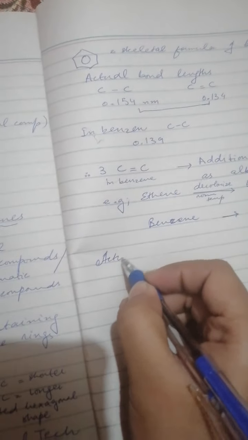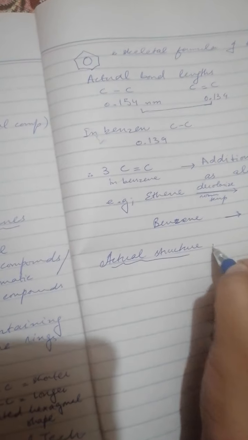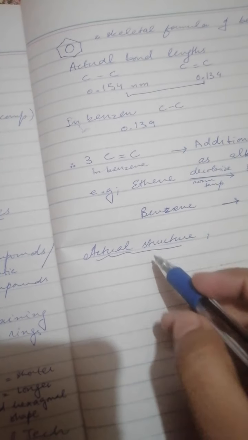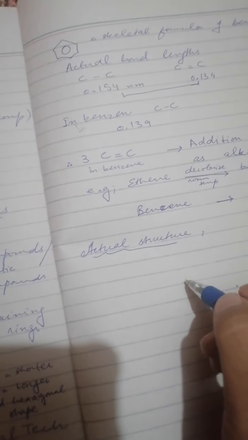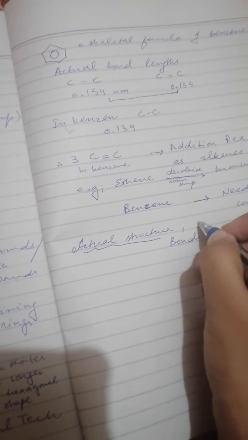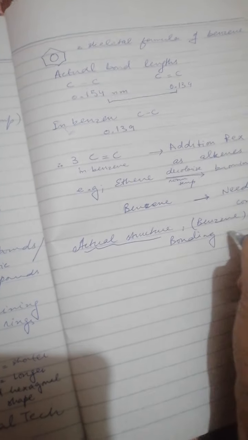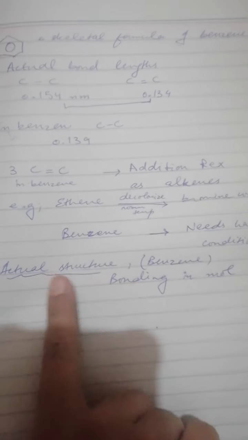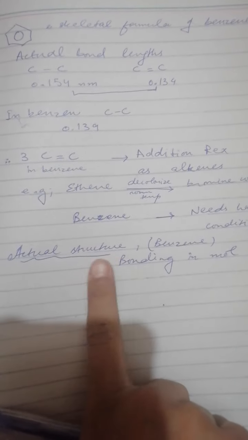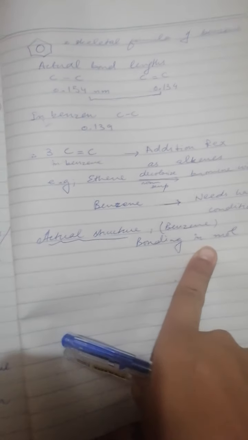So the actual structure of benzene can be explained by considering the bonding in the molecule.